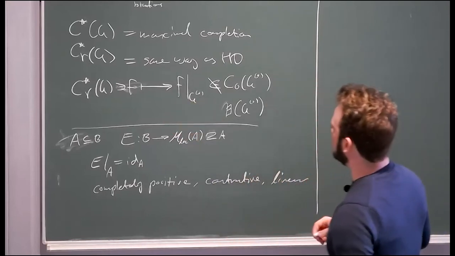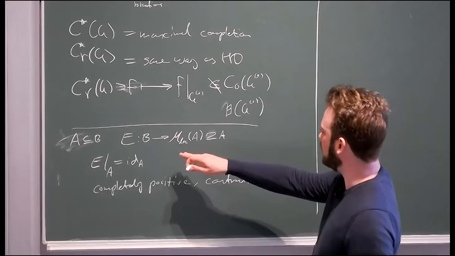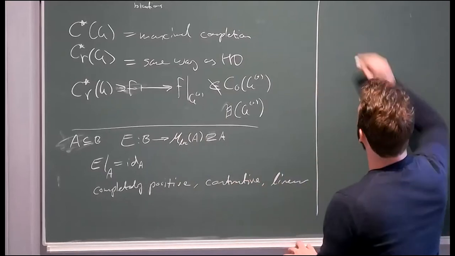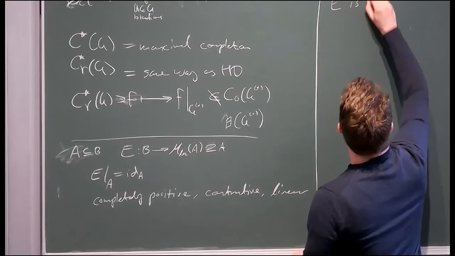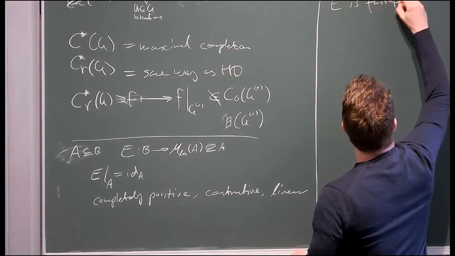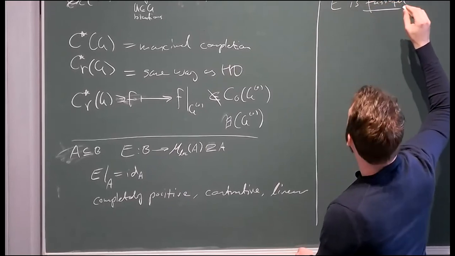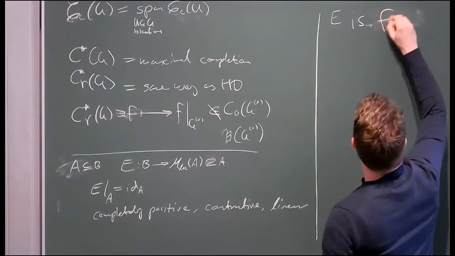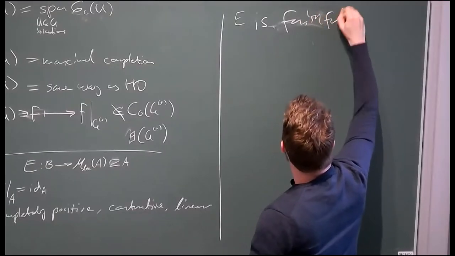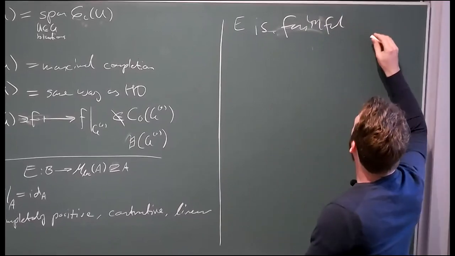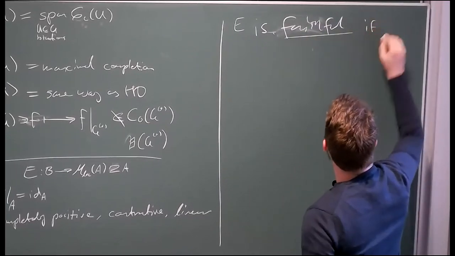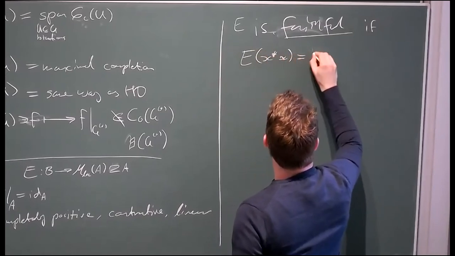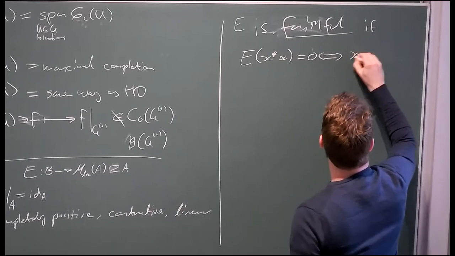And what we get is, we want this to be faithful. And what do I mean by faithful? I say E is faithful if the only positive element that it sends to 0 is 0 itself.